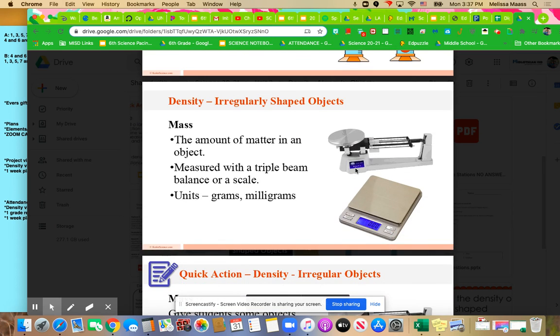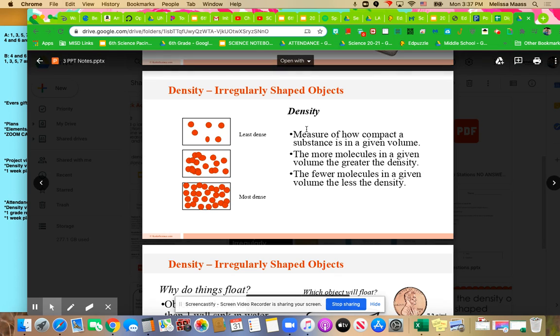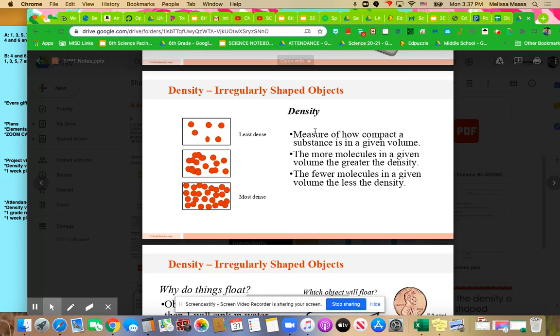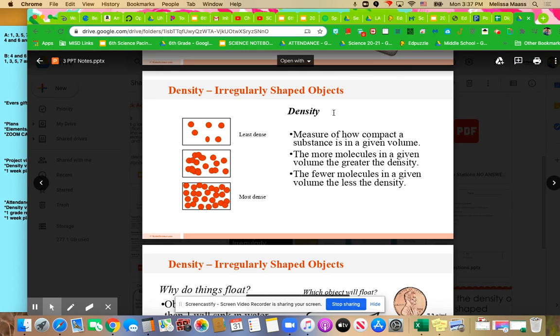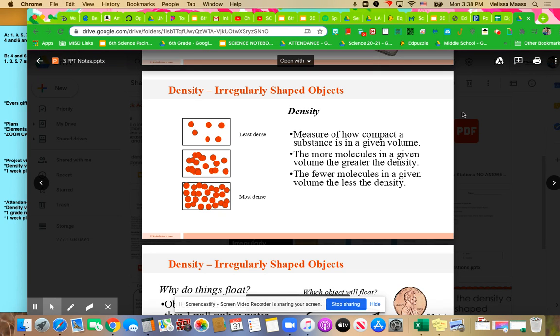So let's see. We already really talked about all this. But what I want to remind you is that in this slide here, density for irregular shaped objects, density is really going to be a measure of how compact a substance is in a given volume. So the more molecules in a given volume, the greater the density.